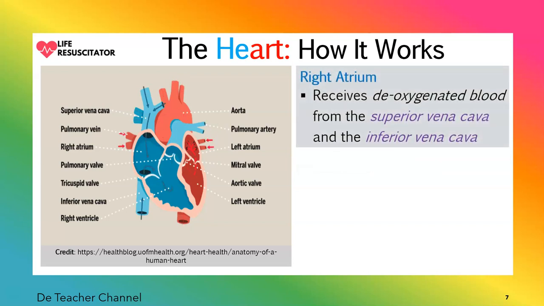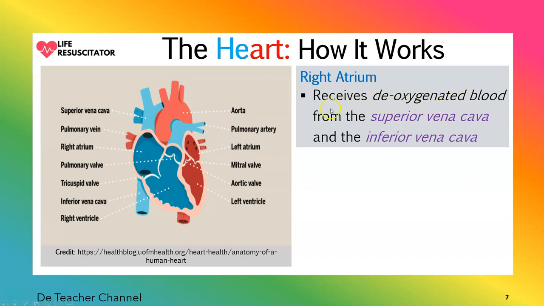Okay, let's see. The right atrium, which is here, what was the work of the right atrium? This chamber receives the deoxygenated blood, which means the blood has little or no oxygen in it.